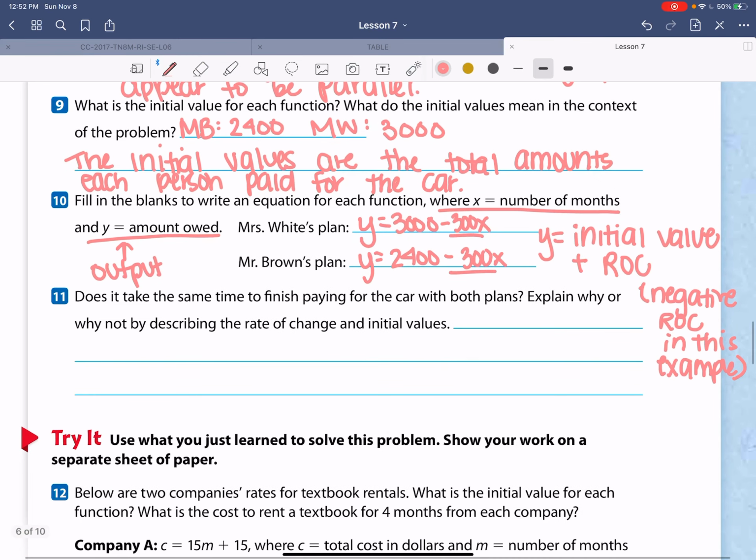Okay. Does it take the same time to finish paying for the car with both plans? And explain why or why not depending on the rate of change and initial values. So the rate of change is the same for both plans, but the initial values are different. Let's write that first.